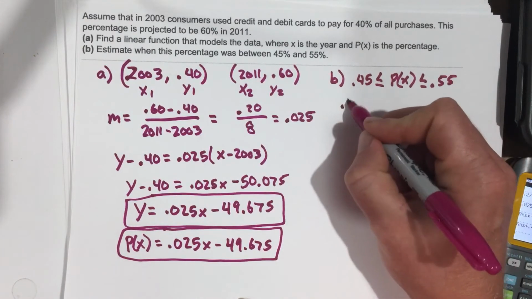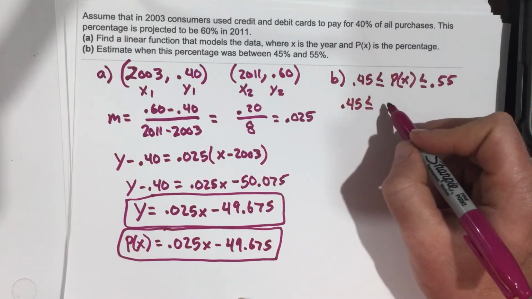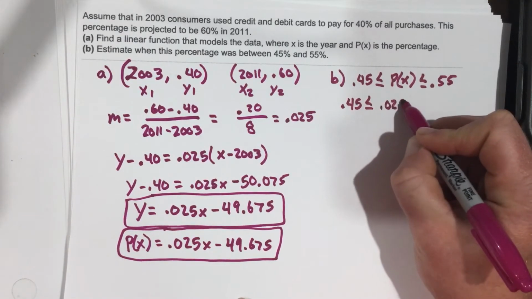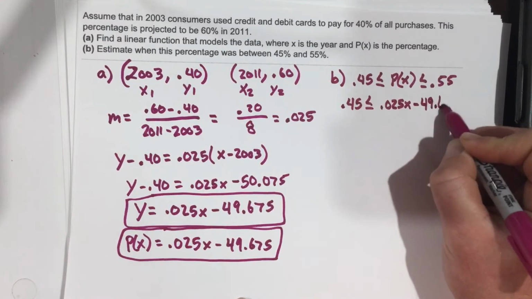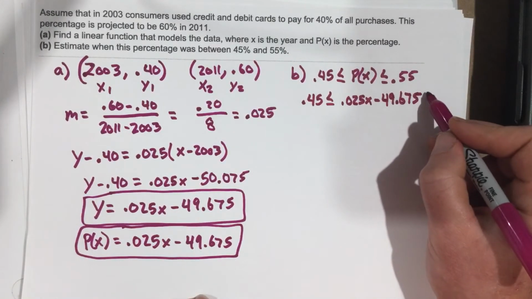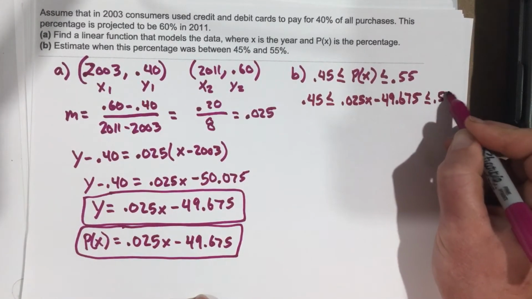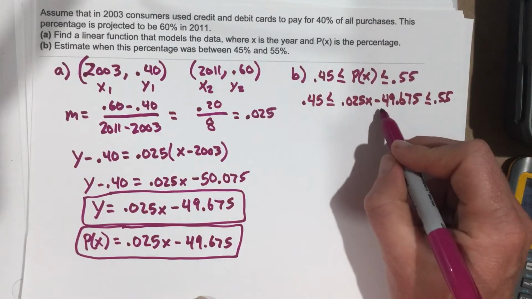That means we can use this equation in there to solve. So we're going to say 0.45 is less than or equal to 0.025x minus 49.675, and that's less than or equal to 0.55. Let's go ahead and add this to each side.